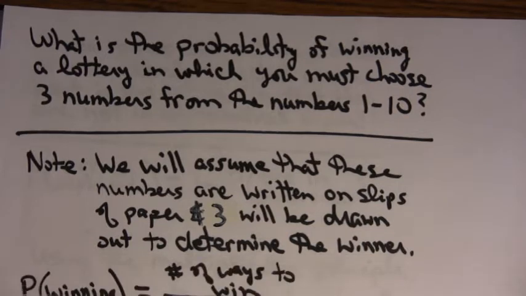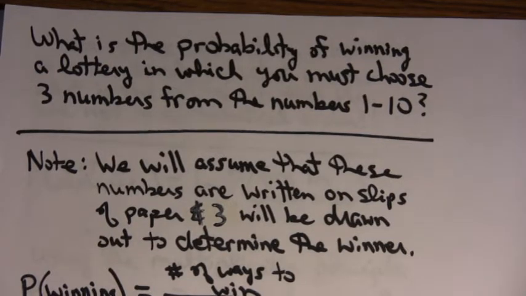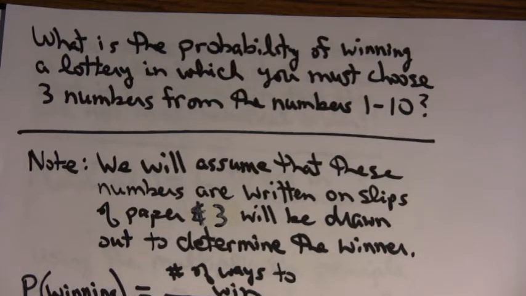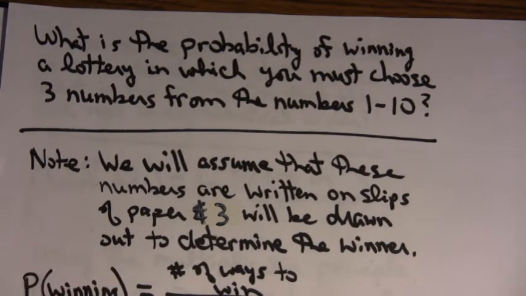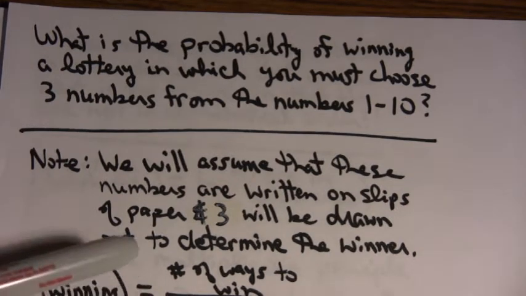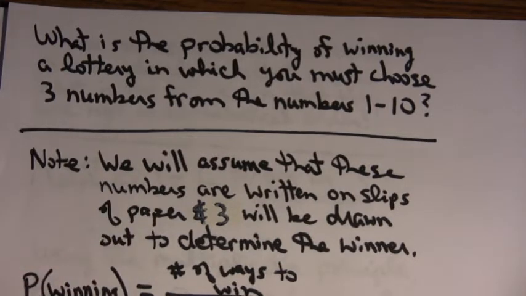In order to solve the problem, you almost always, at least here, go back to the basic probability principle. The probability that you actually win such a lottery is the number of ways that you could possibly win divided by the number of ways that you could draw out any three. Just any three numbers aren't winners. As a matter of fact, there's only one winning combination.